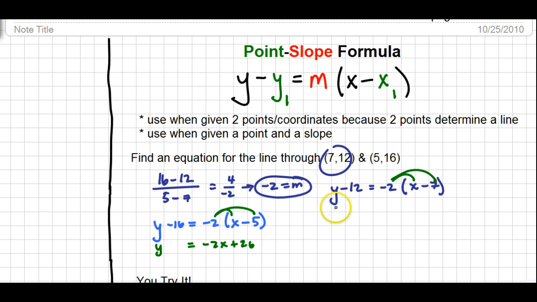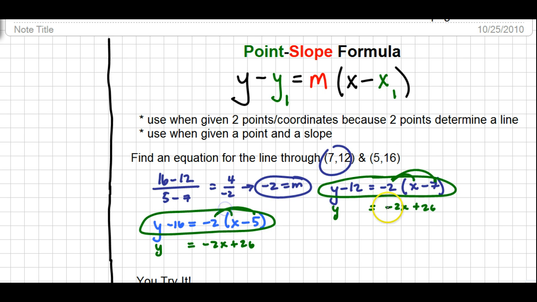If we do the distributive property there, we get negative 2x plus 14. If I add 12 to that to get the y alone, I would get 26. So I do indeed get the same answer, even though originally before we distribute they do look different. But both equations are the same. So you could have this answer, you could have this answer, or you could have the slope-intercept version of it, and all three would be considered correct.